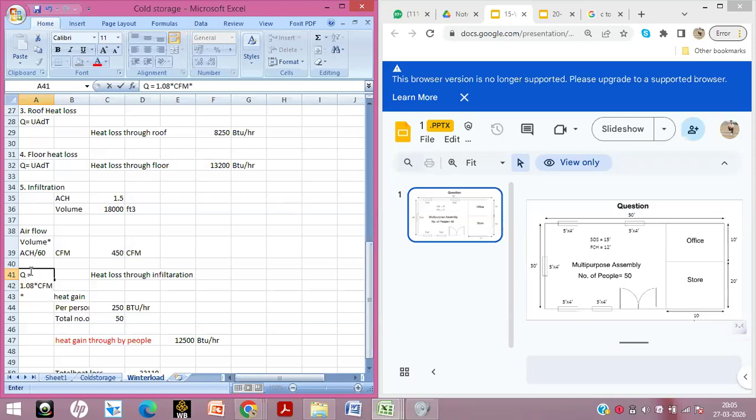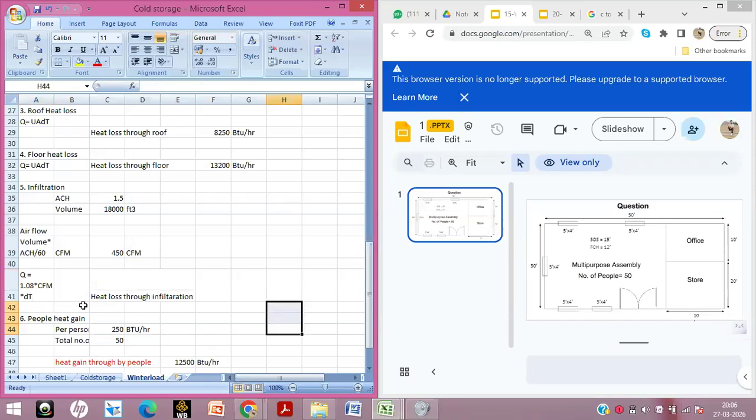We already saw this correlation previously. So Q equals 1.08 times CFM times delta t. Same correlation we're going to use.